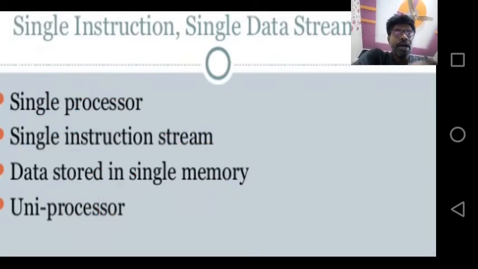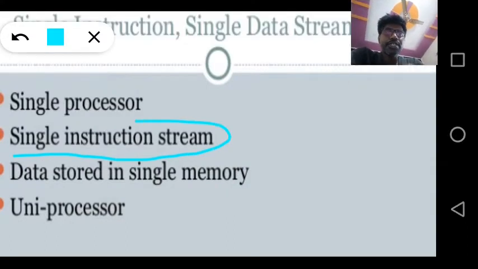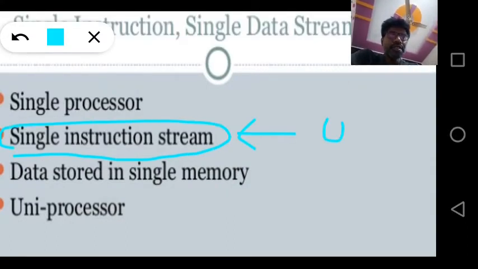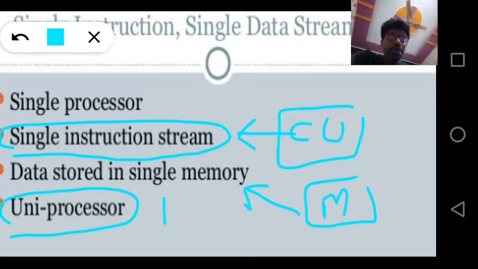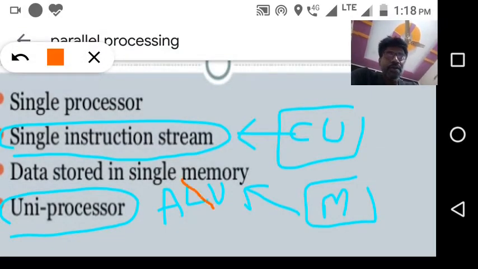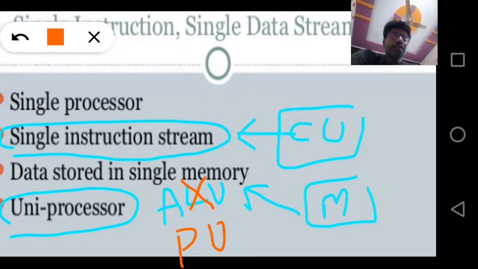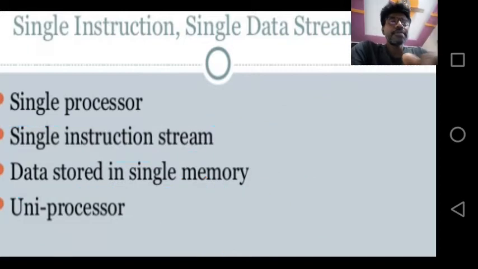It contains a single processor. In the single instruction stream, the control unit sends a single instruction, data is stored in a single memory, so the memory sends single data, and it's a uniprocessor. There is only one processor, one ALU. Rather than ALU, we are referring to it as a single processing unit. This is about SISD.